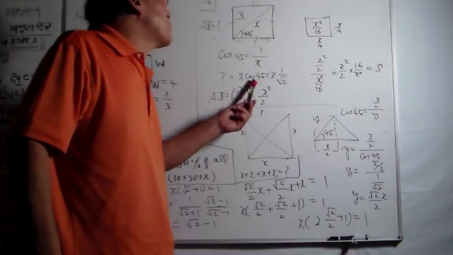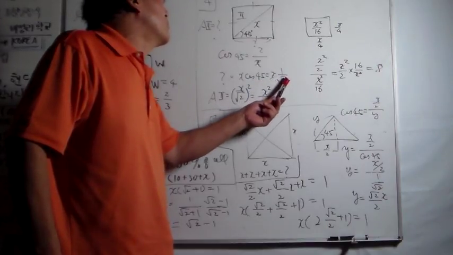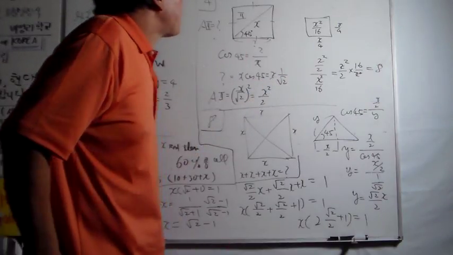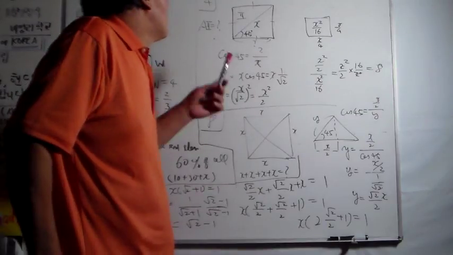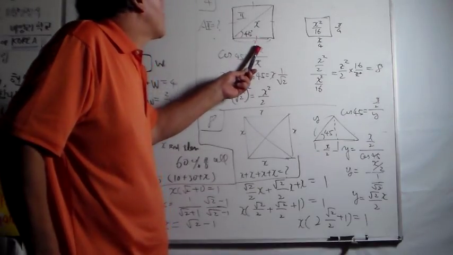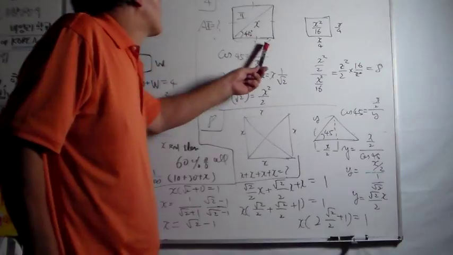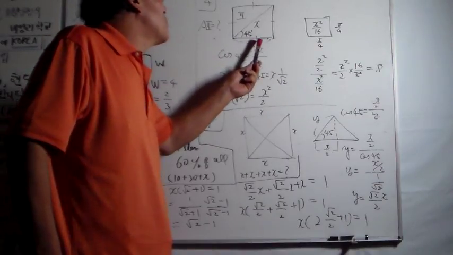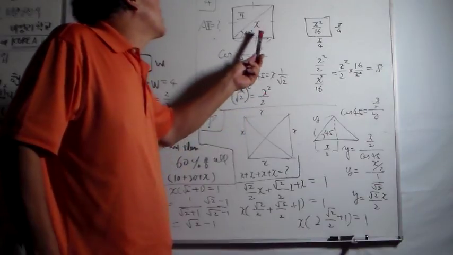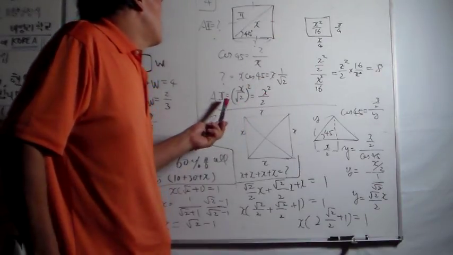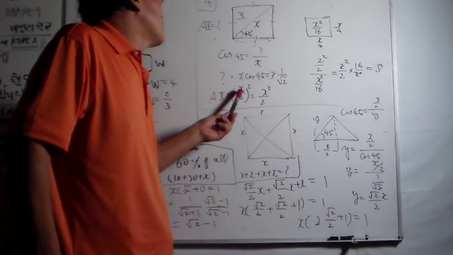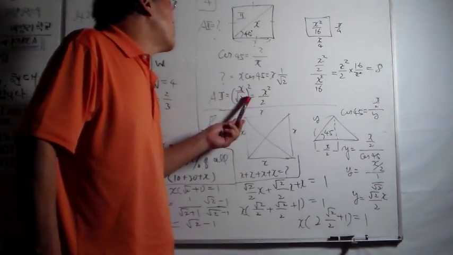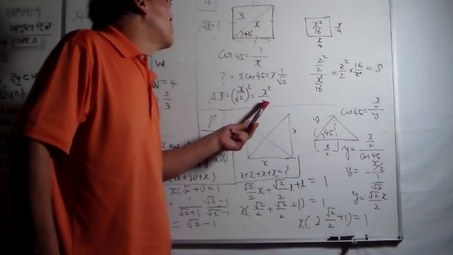X is right there, and cosine 45 has the value 1 over root 2. So this length is x over root 2. This area is this times this. So area 2 is x over root 2 squared, which means x squared over 2.